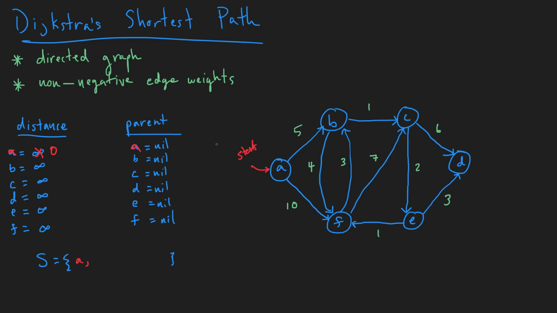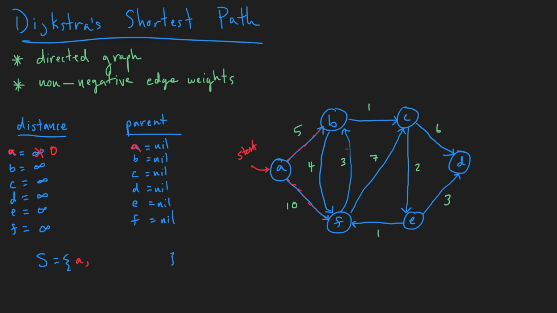So with A, we're going to check its adjacency list. I'm just going to do dotted lines here to show what we're checking. And we're going to update the keys in our priority queue over here. So to B, we add the shortest distance to A plus the distance to B. You'll see that will be a little more clear as we go along.